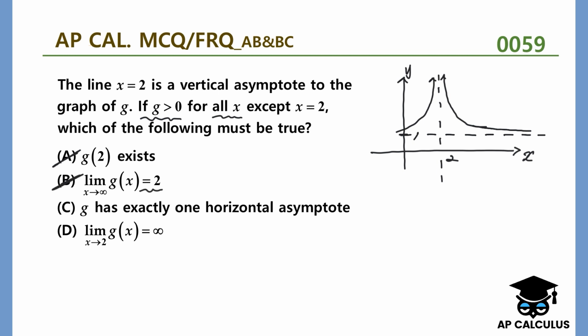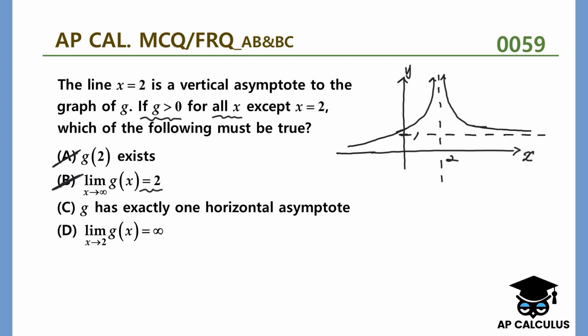Okay, now answer choice C. g has exactly one horizontal asymptote. We could have one horizontal asymptote, or no horizontal asymptote, or more than one, which means 2 horizontal asymptotes. We could have this graph. Let's say this approaches 0 as x approaches negative infinity.